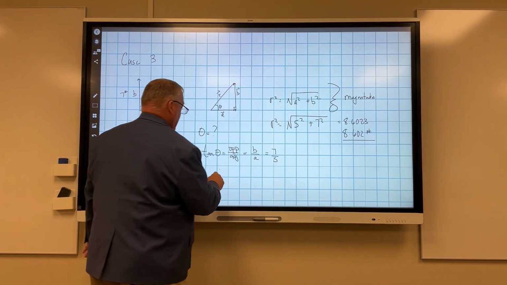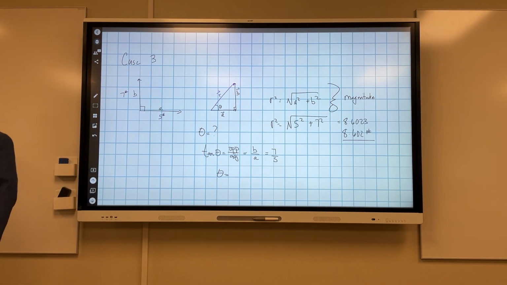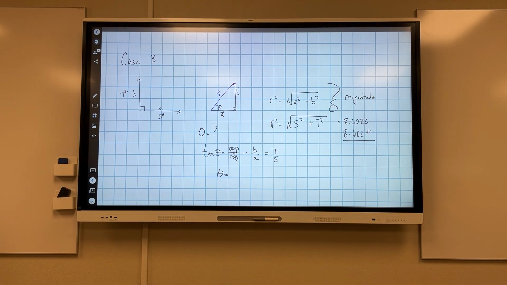So what's theta equal to? Tangent of theta is equal to 7 divided by 5. So theta is equal to the inverse tangent of 7 over 5, right? And I want it in degrees. I do not want it in radians. So make sure you do it in degrees.